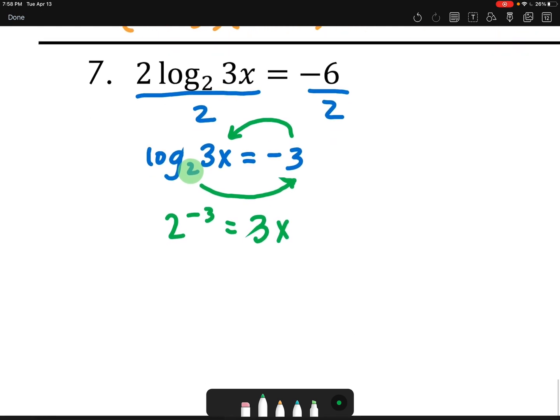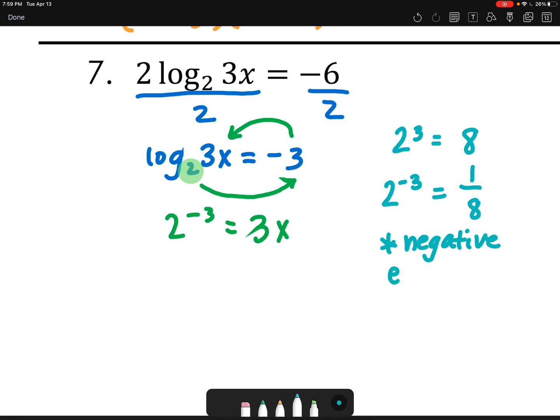Okay, so 2 to the negative 3, this isn't something we have really talked about yet, but negative exponents, I want you to think about what negative exponents do to a number. They do not make the number negative. If you think of what 2 to the third is, 2 to the third is 8. 2 to the negative third is 1/8. Negative exponents give you fractions.